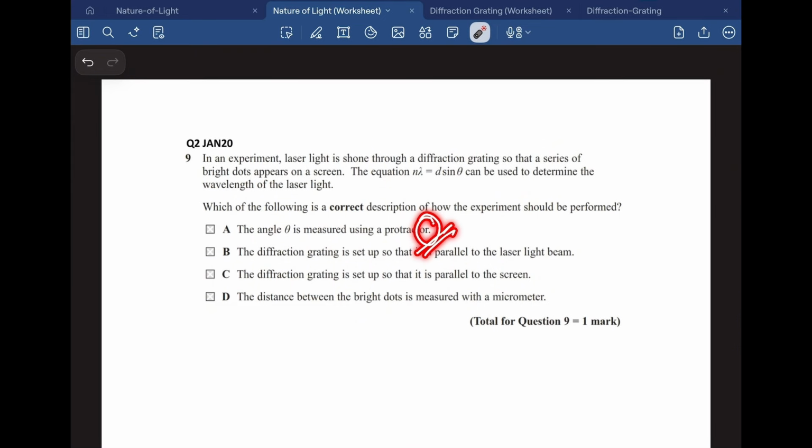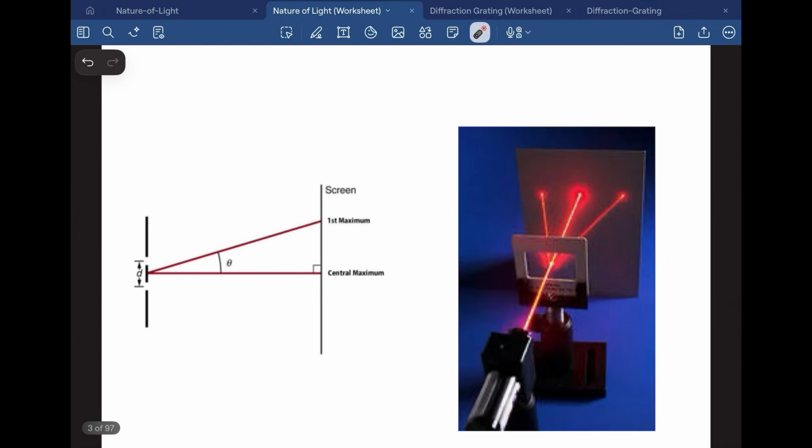No, you can never ever measure the angle using a protractor. You guys can see right here, this is basically the angle between the central maximum and the first maximum, and right here we actually calculate this theta. How do you actually calculate this theta? In the question, this d is usually given. If they don't give the d, then you can actually figure it out.